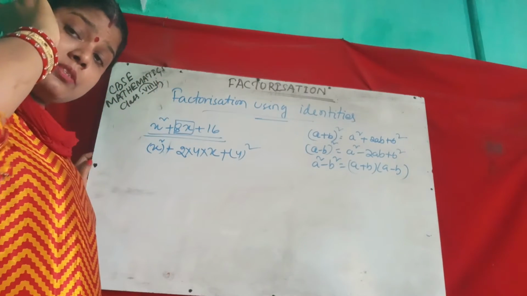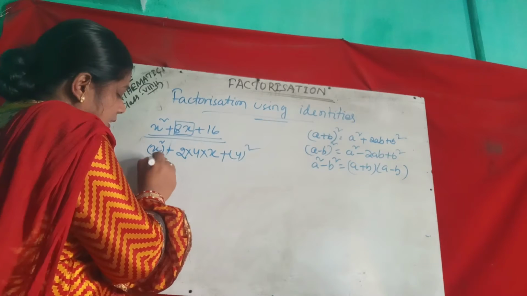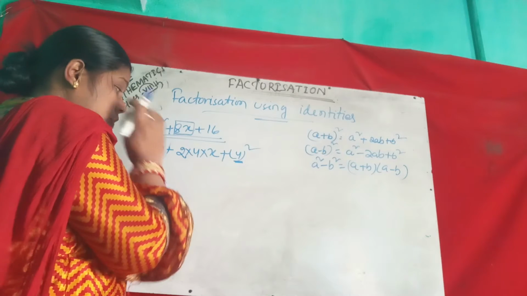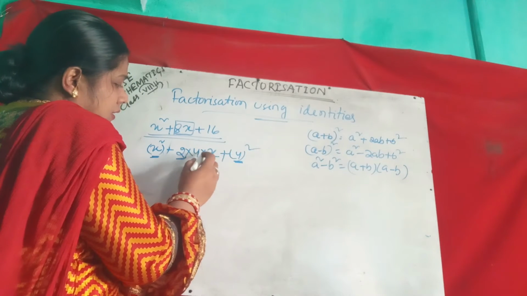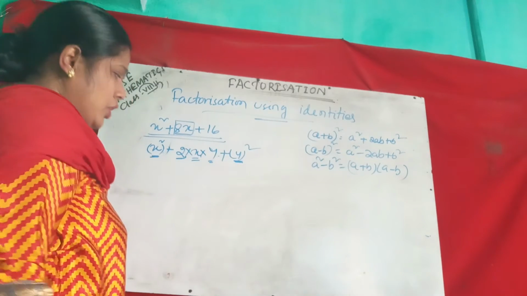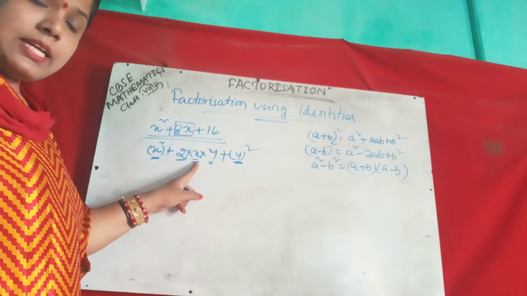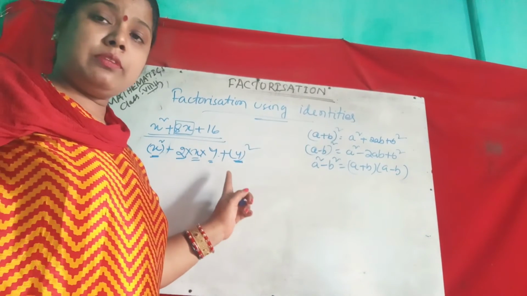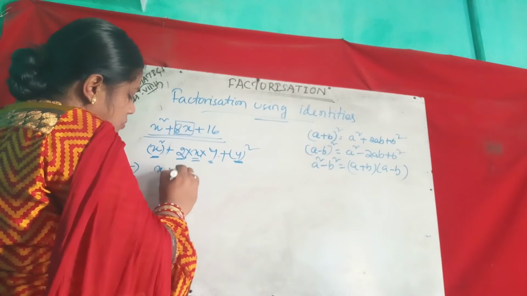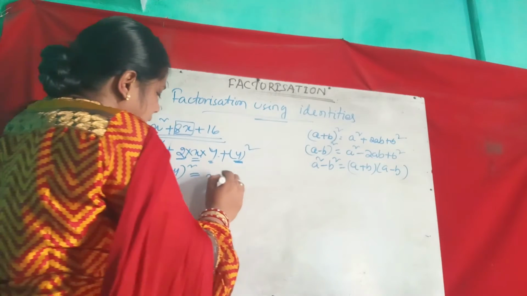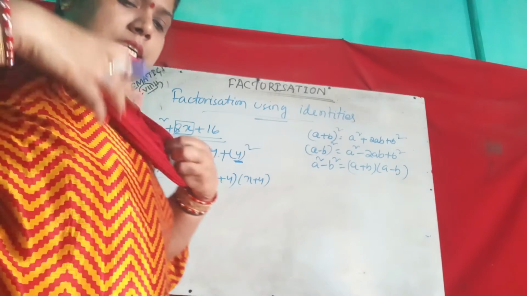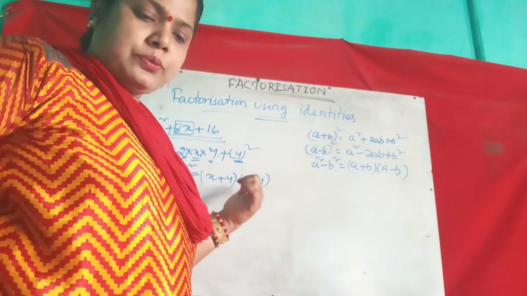So it is a square, b square, and 2ab. Is there 2ab or not? 2 into x into 4 is 8x. That is the (a plus b) whole square formula. Then you can write x plus 4 whole square, that is x plus 4 into x plus 4.